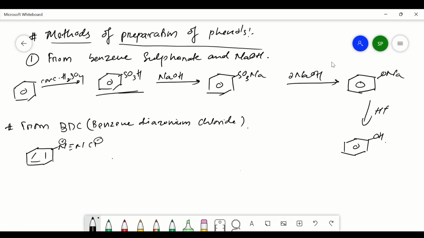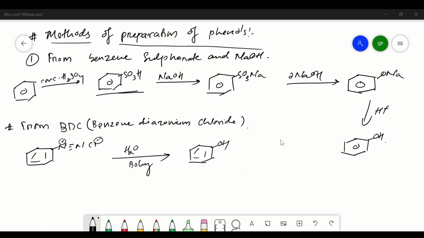This BDC on reaction with water produces phenol. This benzene diazonium chloride on reaction with water on boiling produces phenol.